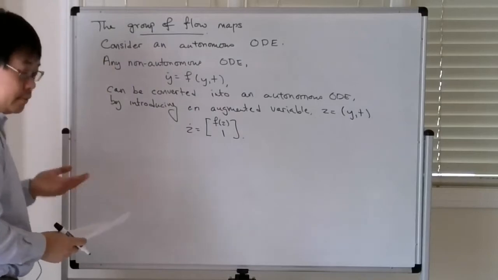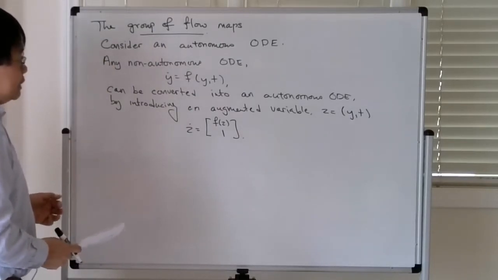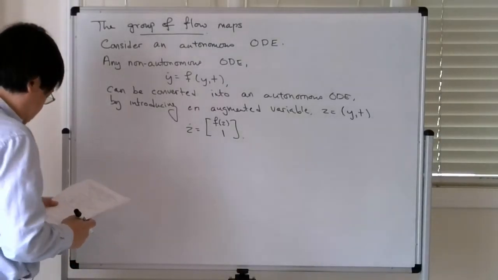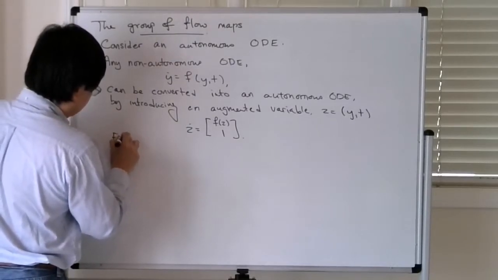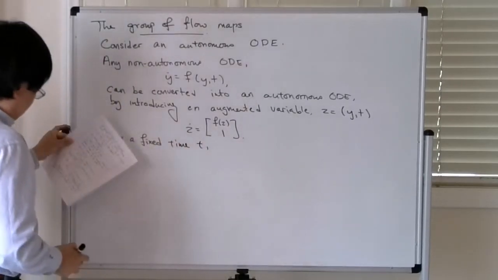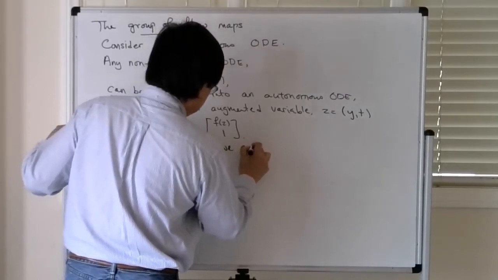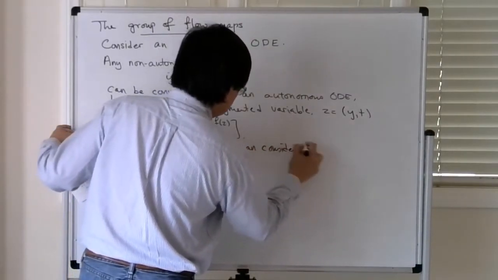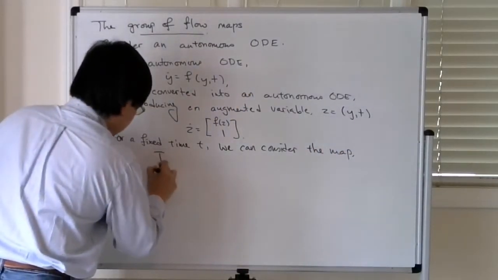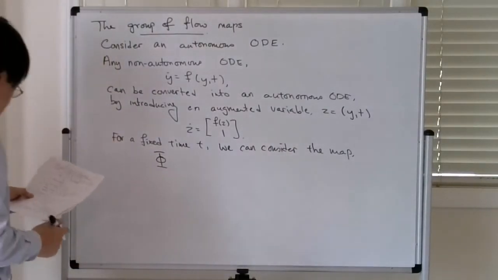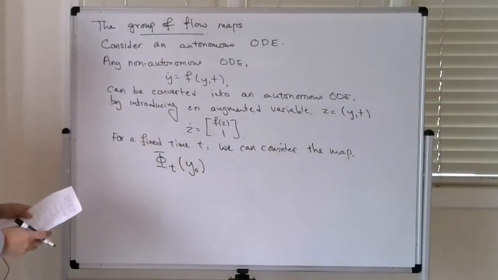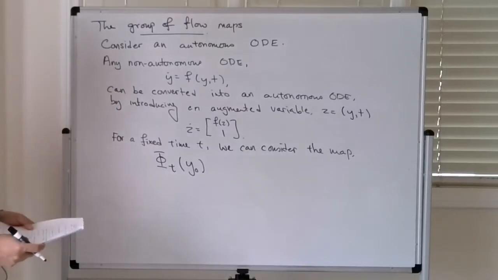Okay, so then basically without loss of generality, we can look at autonomous ODEs because they're a much more natural setting for looking at flow maps. So for a fixed time, say t, we can consider the following map. Okay, so what this map does is, this map basically takes the initial point y0 and gives you the solution at some later time.